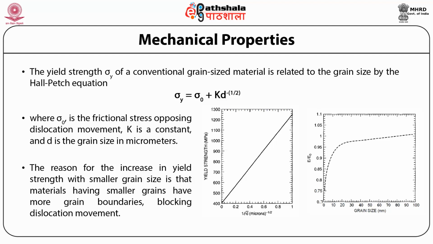For example, conventional coarse grain annealed polycrystalline copper is very ductile, having elongation of up to 60%. Measurements in samples with grain size less than 30 nanometers yield elongation of no more than 5%.